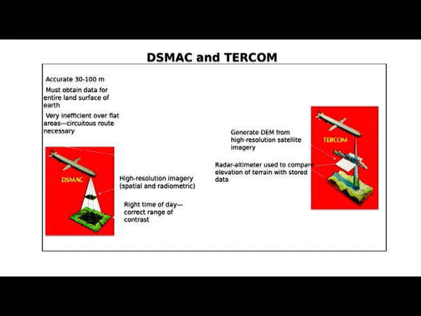When it passes through the terrain, the missile is matching it with the inbuilt map, the high resolution satellite image. So exactly at the destination point, the missile hits. That technology is known as DSMAC, the Digital Scene Matching Area Correlator. So we can see that the cruise missile technology has improved.